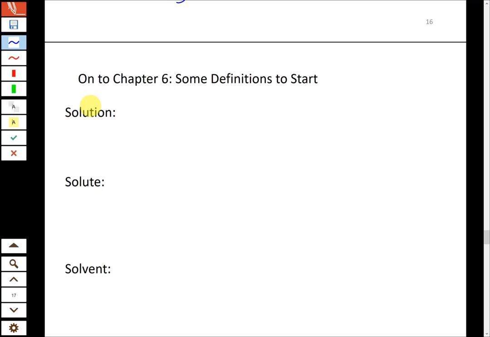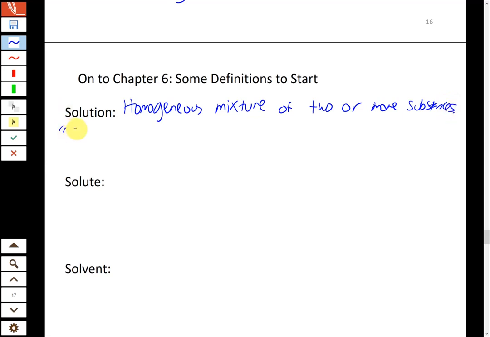So a solution is another synonym for a homogeneous mixture, and it's going to be of two or more substances. So we're talking about mixtures now. And what we mean by homogeneous is that it looks like a single phase. You can't tell easily that there's two things mixed together just by looking at it.